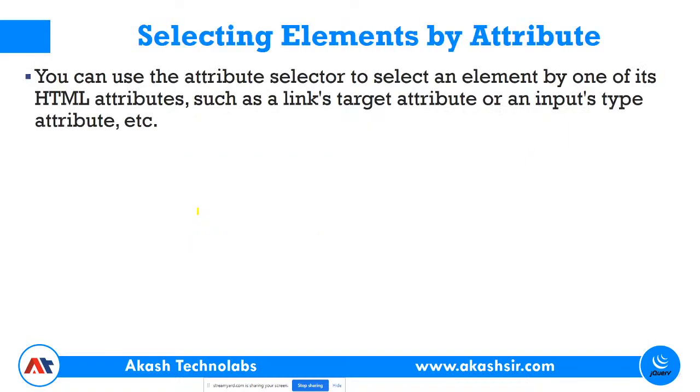Then selecting element by attribute. For an example, you know very well in input type we have different attribute. Input type text, input type password, input type numbers. So same thing over here. If I want to change input type attribute, or if I want to select a particular attribute, so we can use elements by attribute.